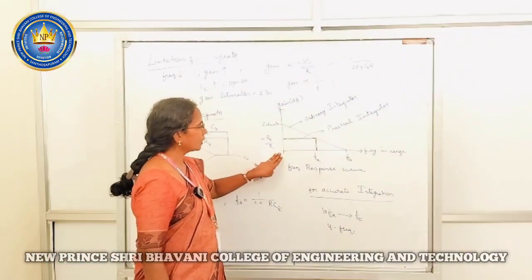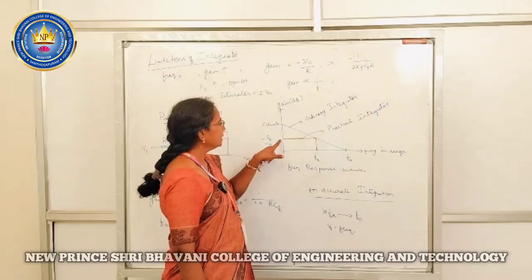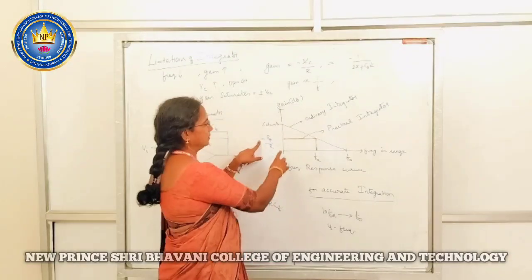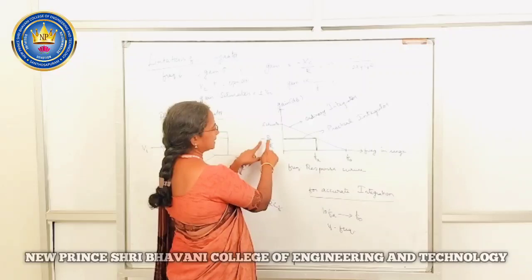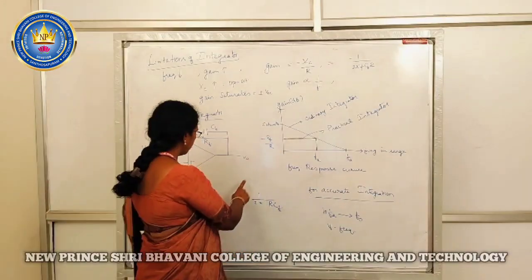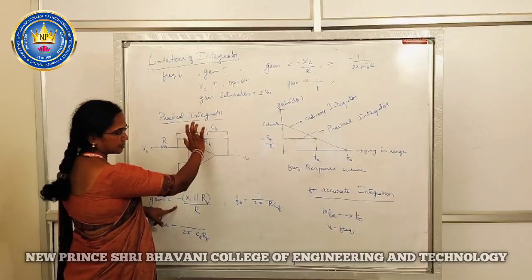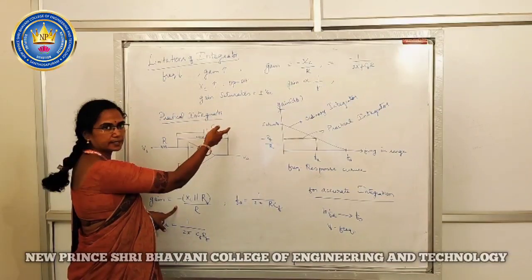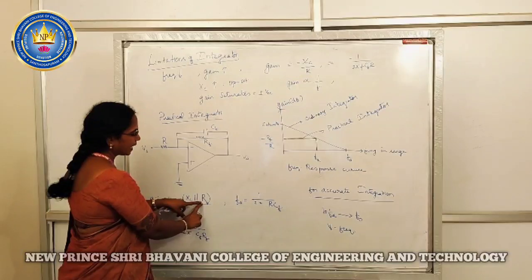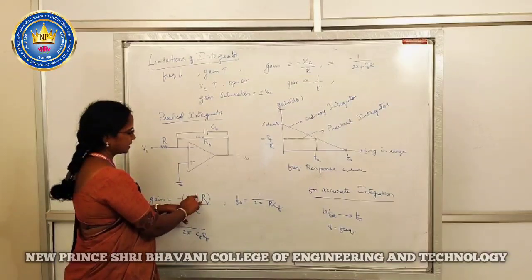When you look at the frequency response curve for the practical integrator, instead of the saturated value, we get minus Rf by R. If the capacitor is not there, when the capacitive reactance is very high or open circuited, you have only Rf instead of Xc in parallel with Rf.